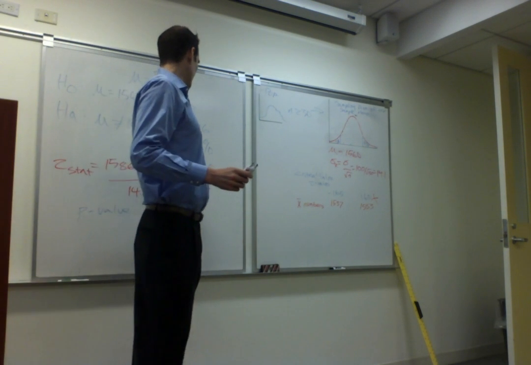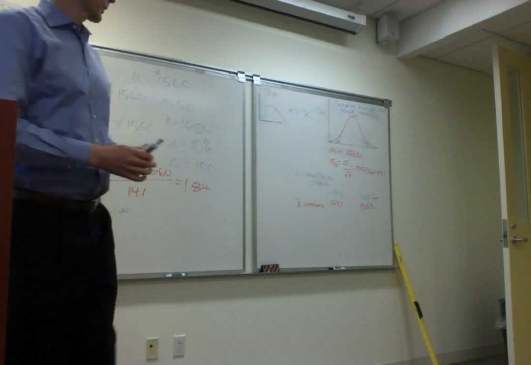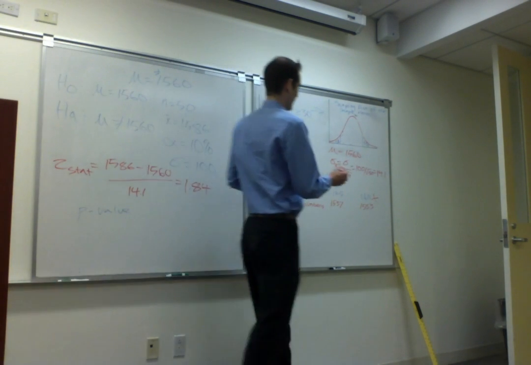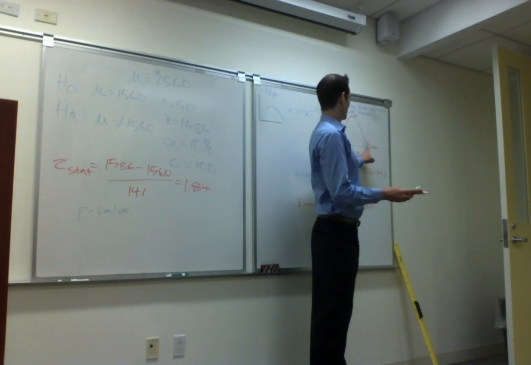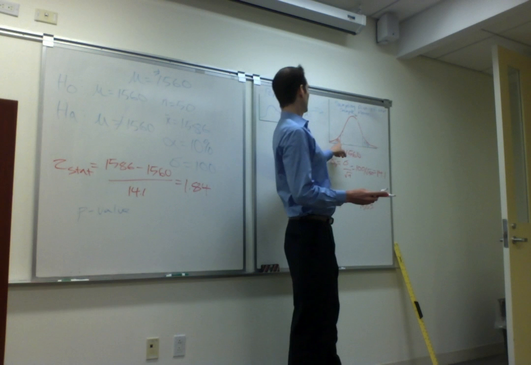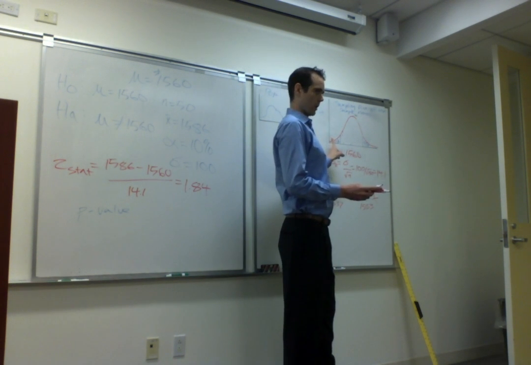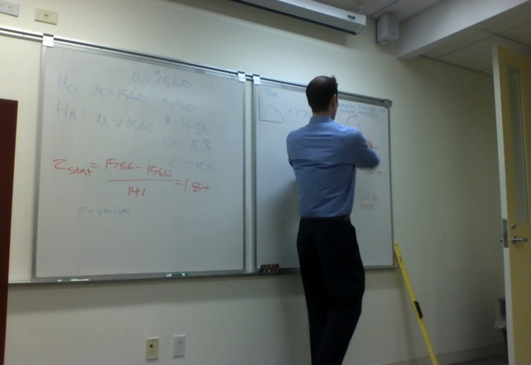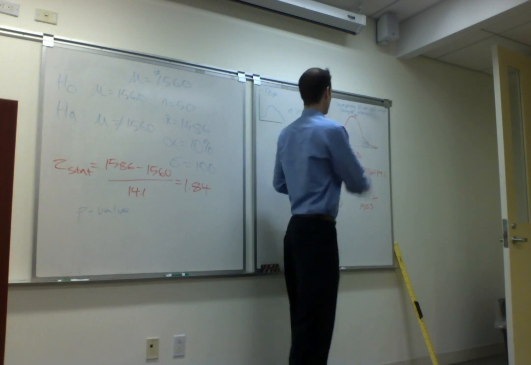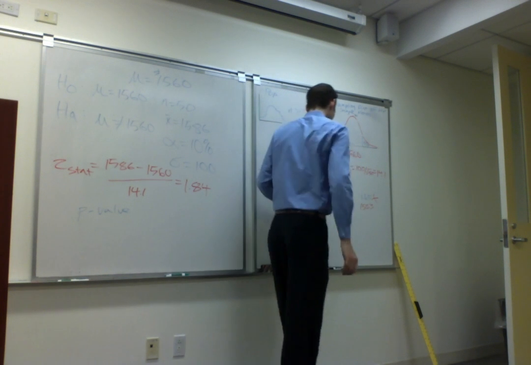To find a p-value, we look on the z-score and ask how much data is above a z-score of 1.84, and how much data is below a z-score of negative 1.84. Choosing our significance level of 10%, there's a 5% chance we could get something really high, 5% chance we could get something really low.